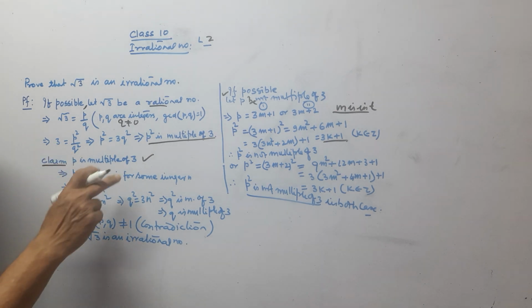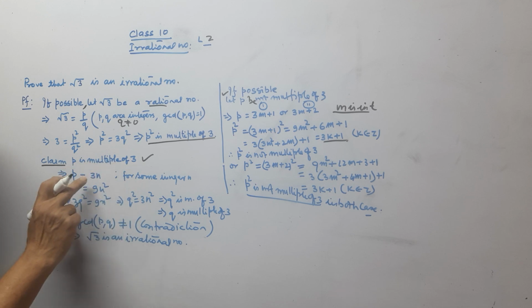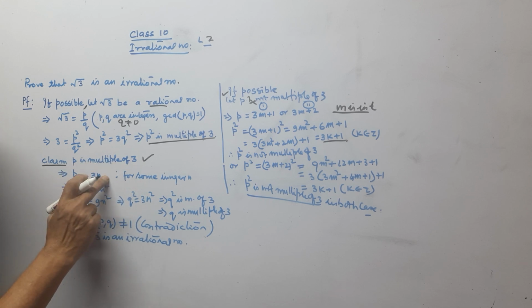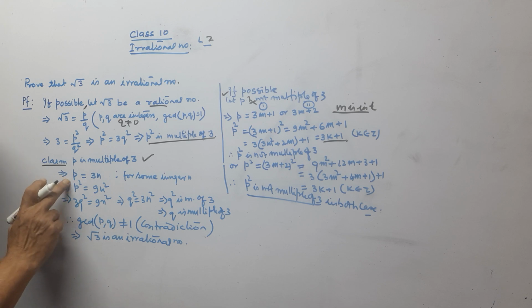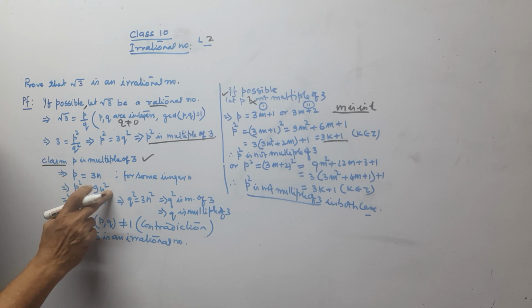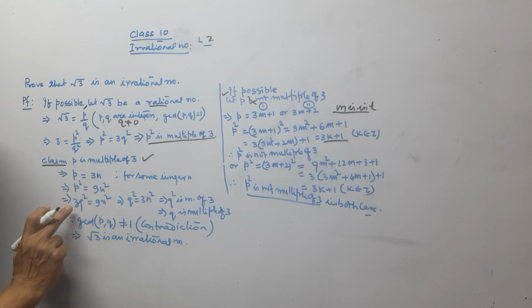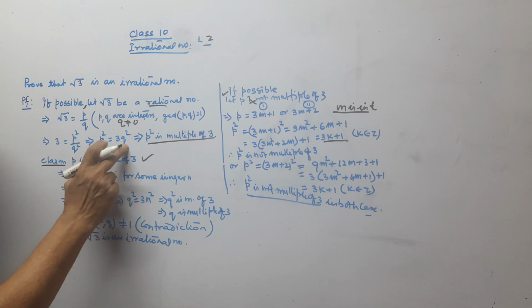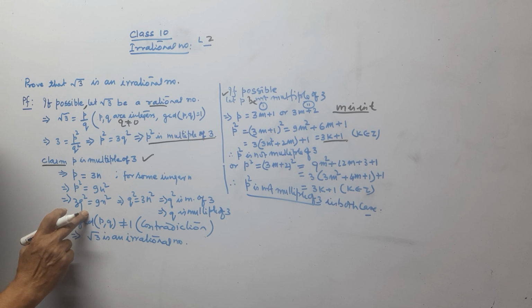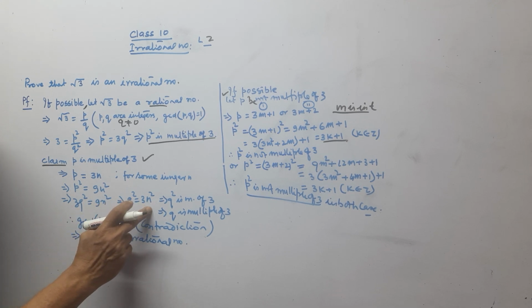If this one is multiple of 3, then it will be p is equal to 3n form for some integer n. Then p square is equal to 9n square. Then 3q square is equal to 9n square. Replace p square by 3q square. So q square is equal to 3n square.